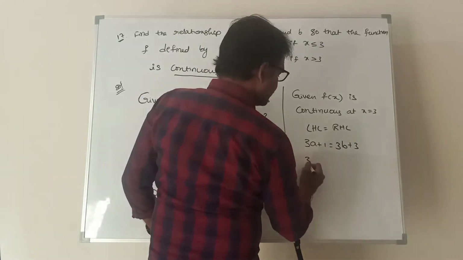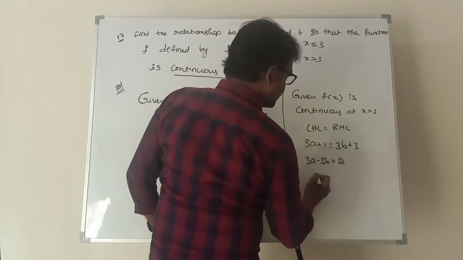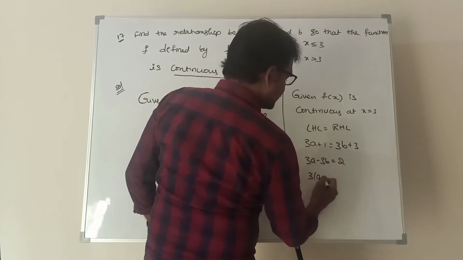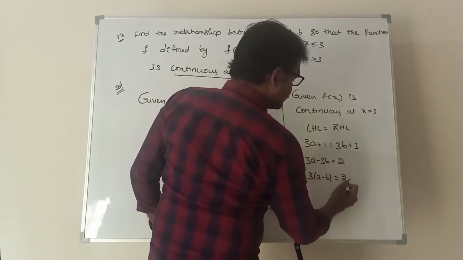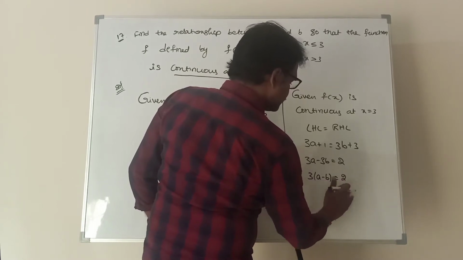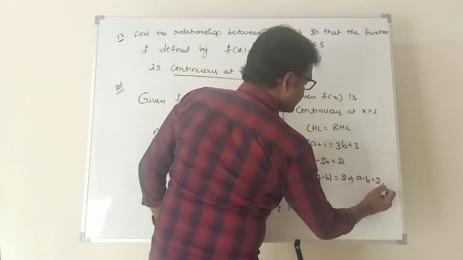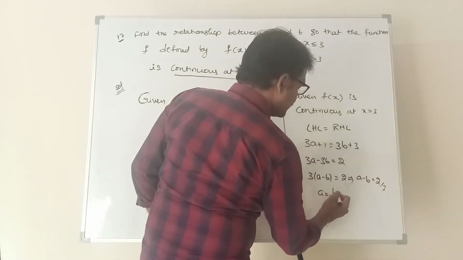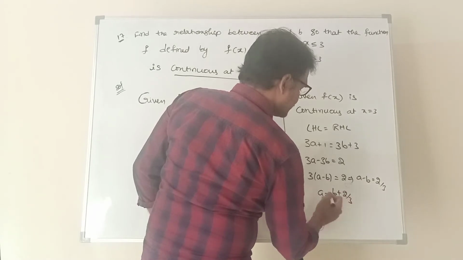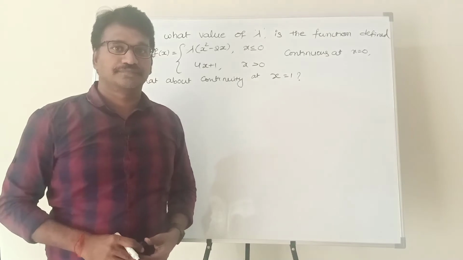Send this 3b to the left hand side: 3a minus 3b is equal to 3 minus 1, which is 2. So 3 is common: a minus b is equal to 2 by 3. So a is equal to b plus 2 by 3. This is the relationship between a and b.